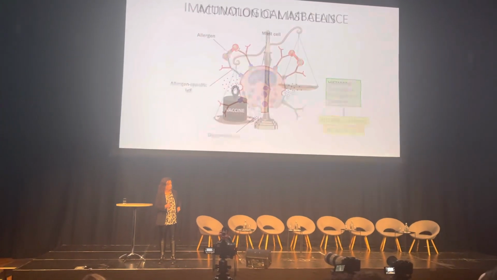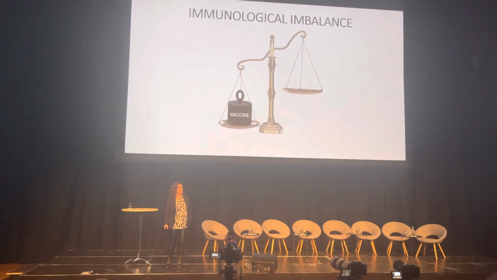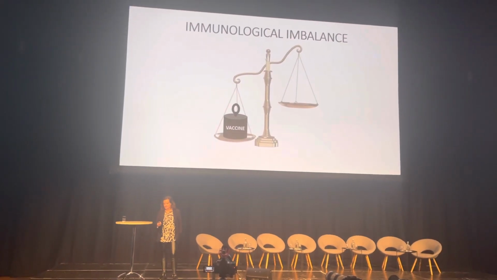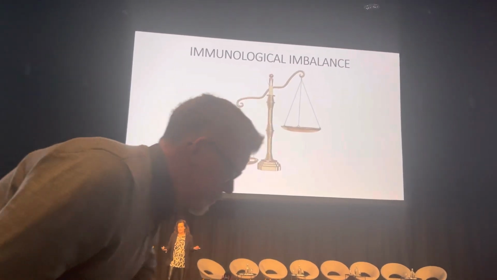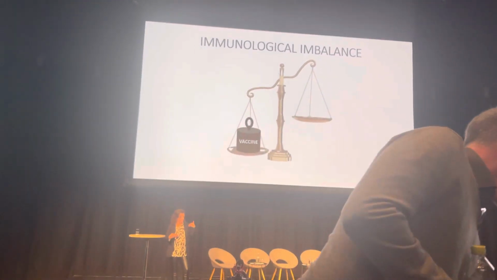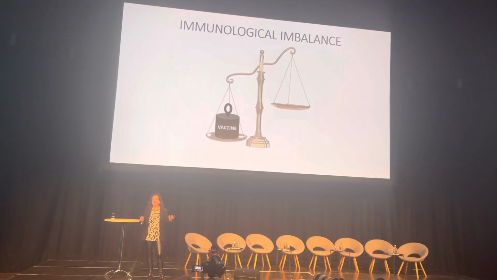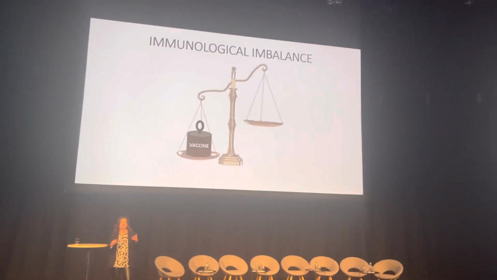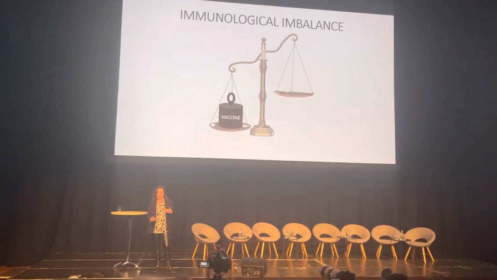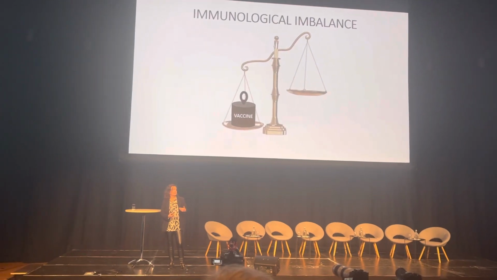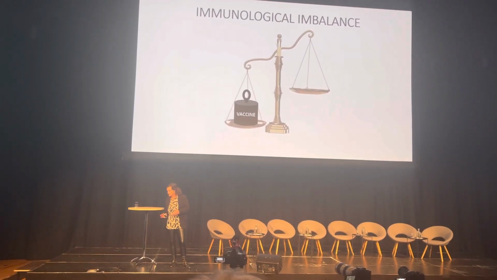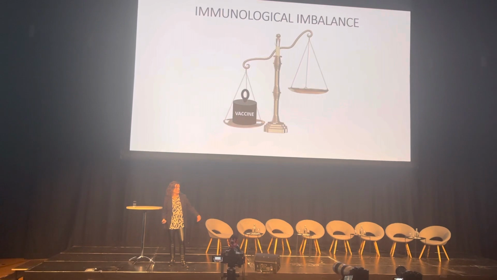Okay, now I'm going to talk a little about another problem with this high activation of vaccine mechanism. It's because the immune system cannot fight different threats at the same time. You cannot stir the immune system in different directions at the same time.